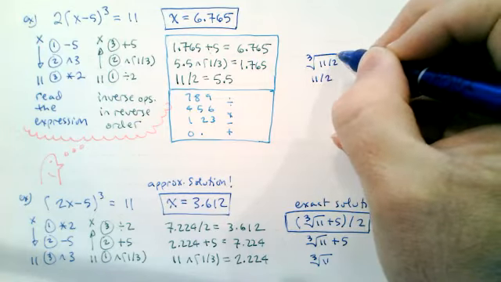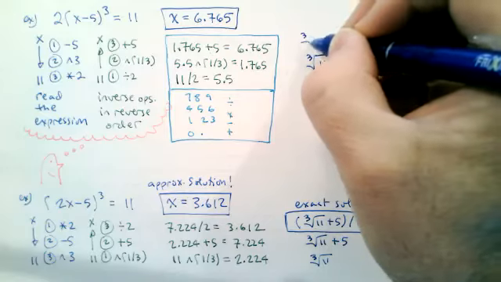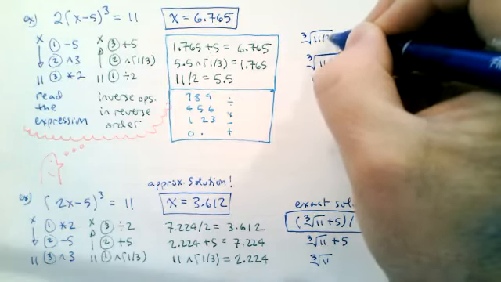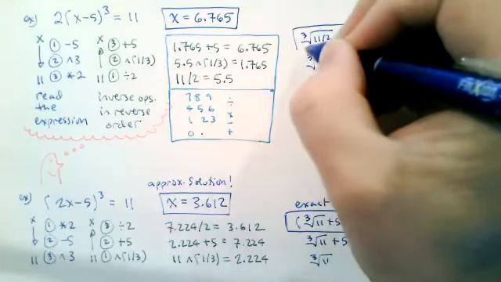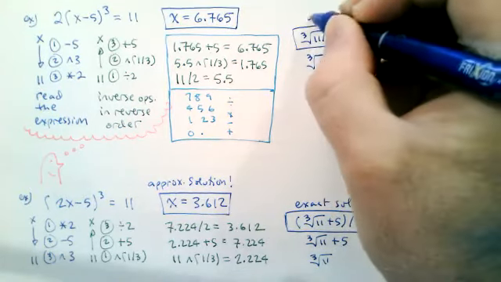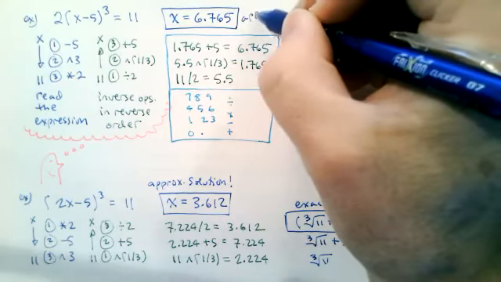Make sure my radical bar goes over the whole fraction. And then the last step is to take the cube root of 11 over 2 and add 5 to it. And so here would be the exact solution in the previous problem, where here we have the approximation.